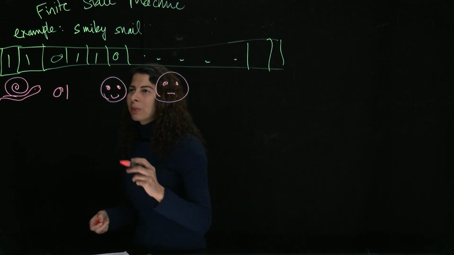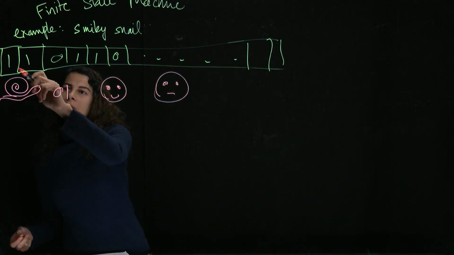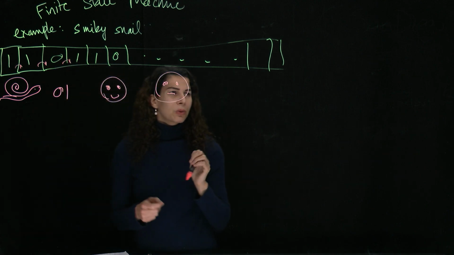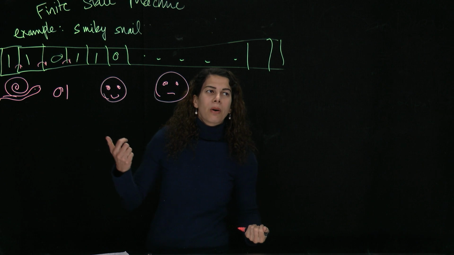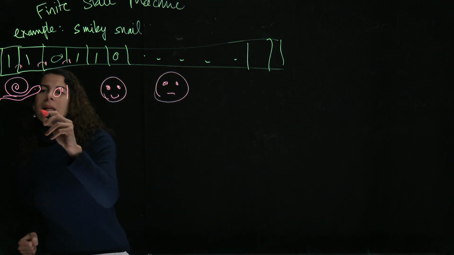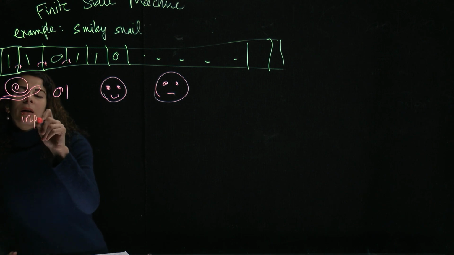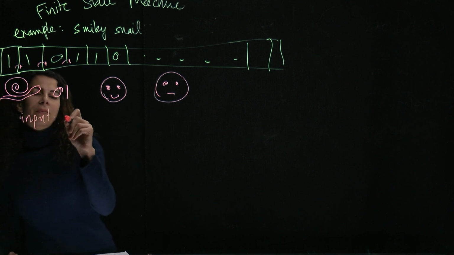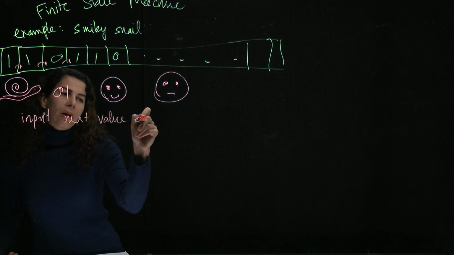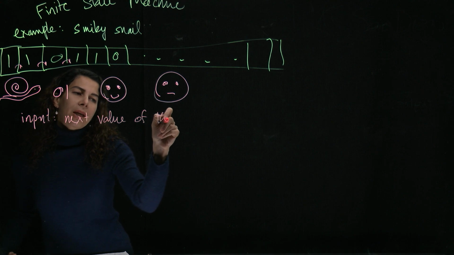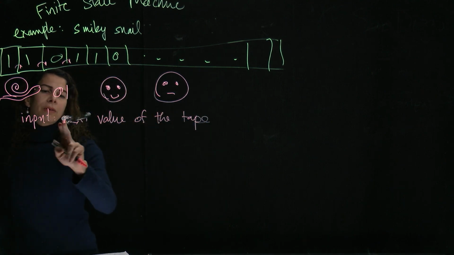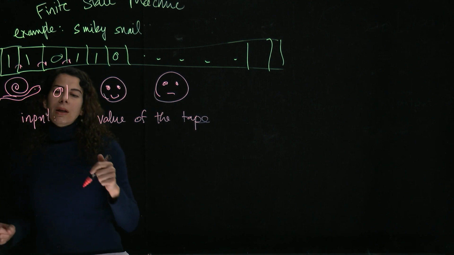Every time we go through this string, we are going to fetch one bit of it. So the input is basically the value of the tape at the current position.